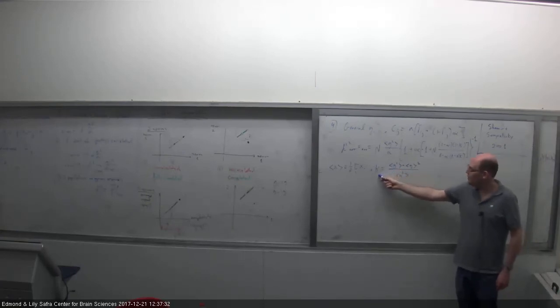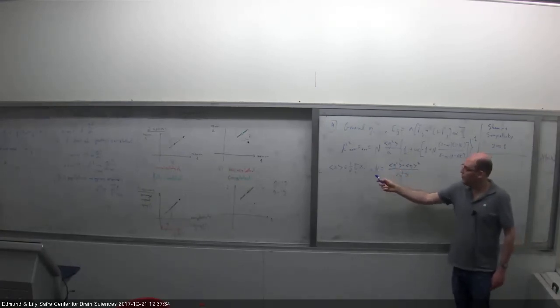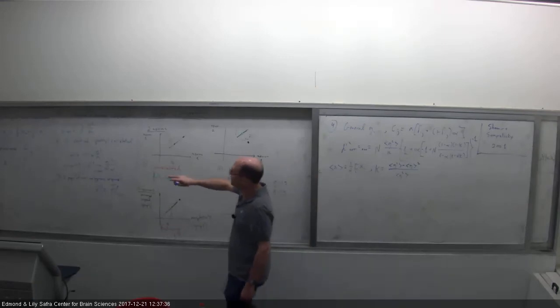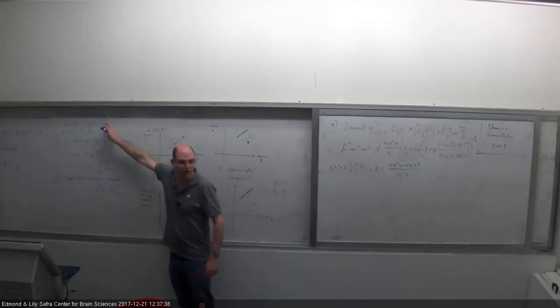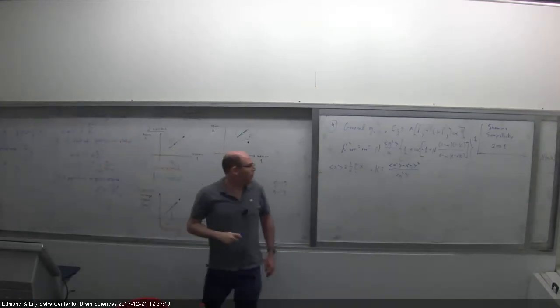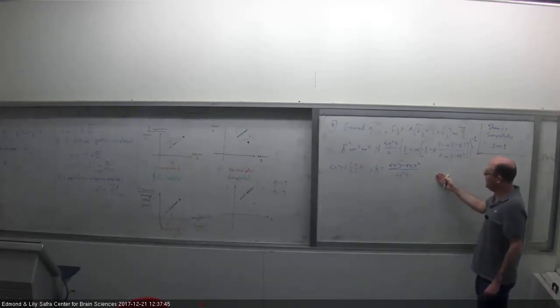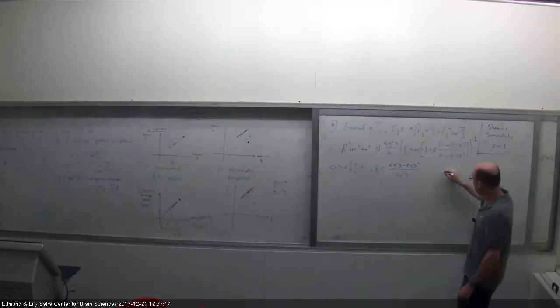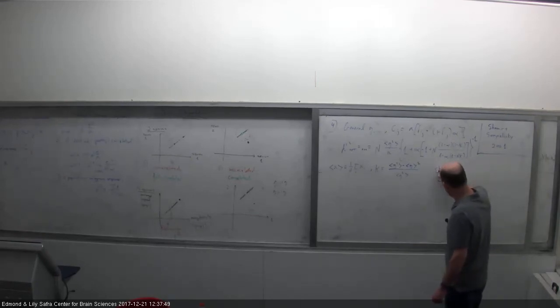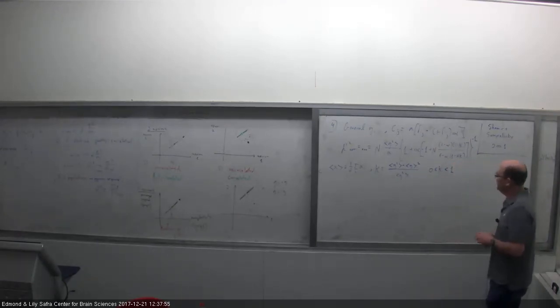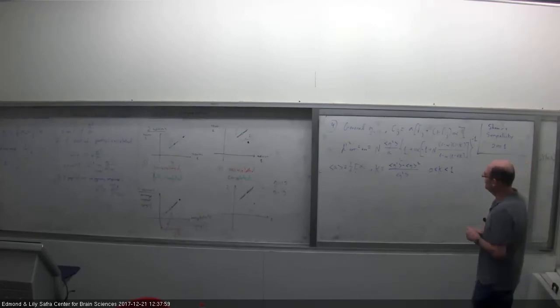So if kappa is 0, all the G's are the same. This is the case that we discussed here and here. And it turns out that kappa also cannot be larger than 1. So kappa is between 0 and 1. I wonder if it can be 1. Yeah, it can be 1.